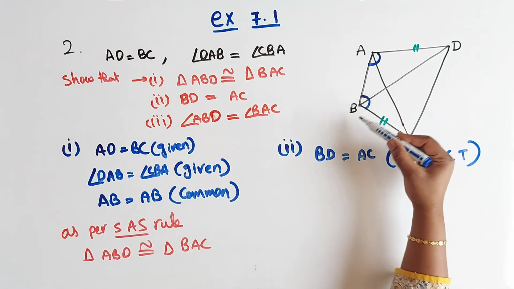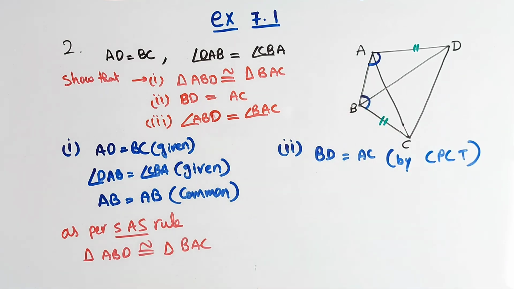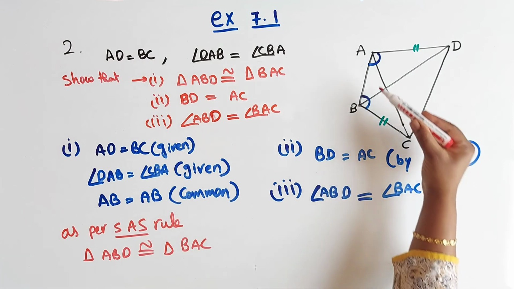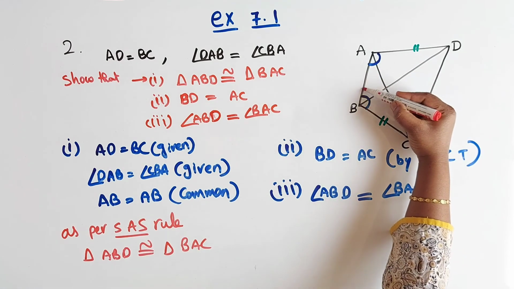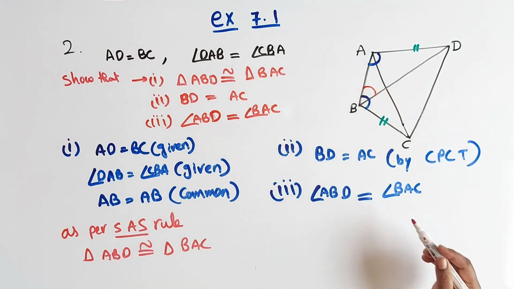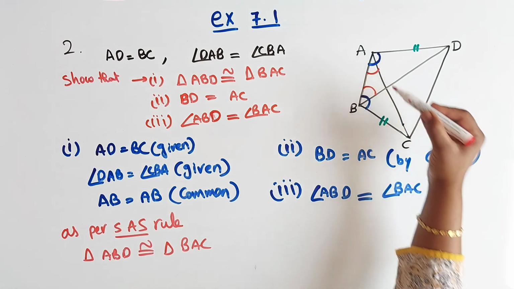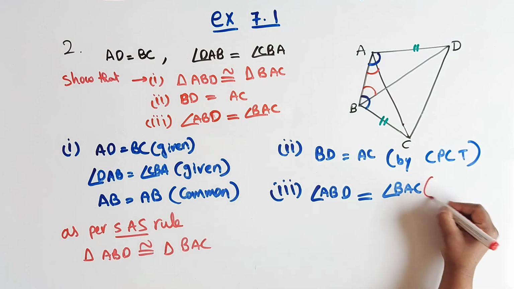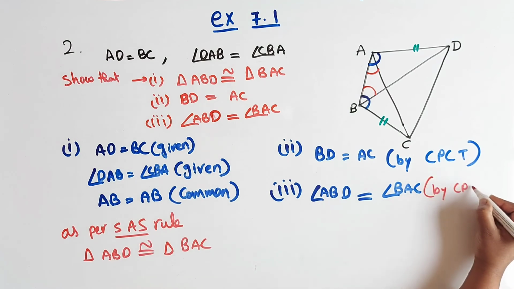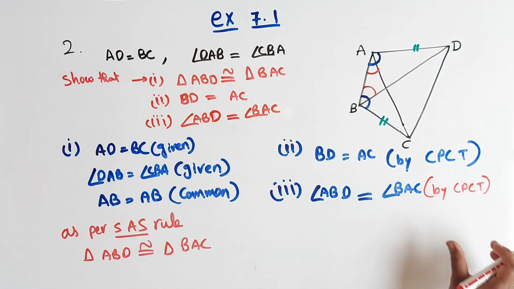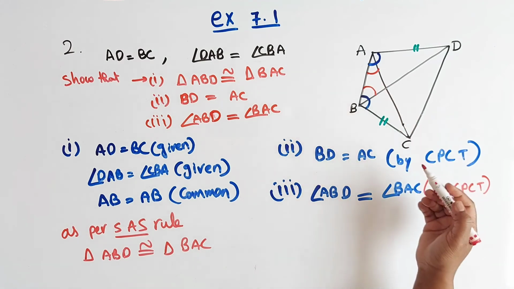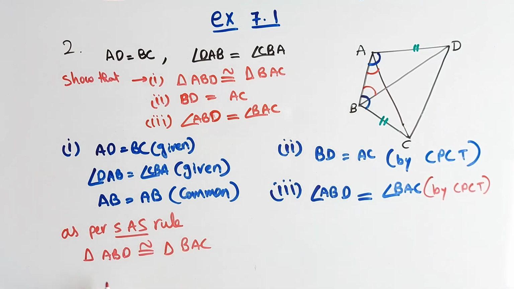So we can make BD equal to AC by applying CPCT. Now third one, we can make angle ABD, this angle, equal to angle BAC, this angle. We can make these two angles same by applying CPCT, corresponding parts of congruent triangles, because these angles are also included in triangle ABD and triangle BAC. Right, children?